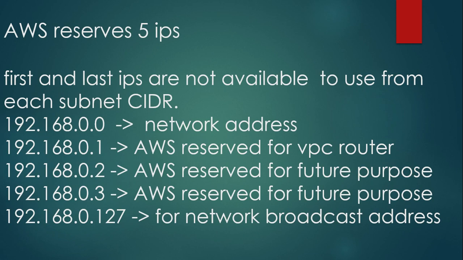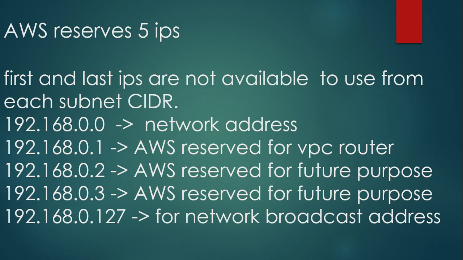Here I'm going to explain one more topic: AWS reserves 5 IPs for each subnet. The first and last IP addresses are not available to use in each subnet CIDR. The first IP address, 192.168.0.0, is used as the network address, which specifies which network we are using.